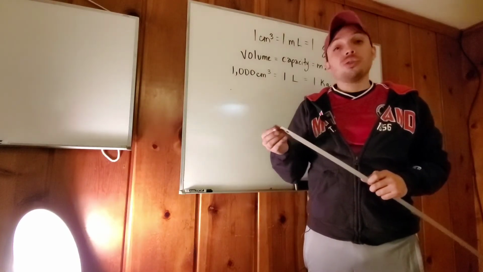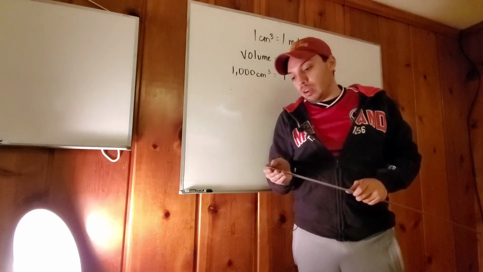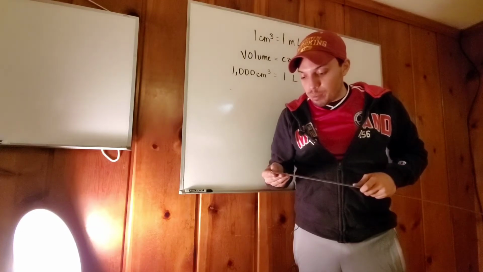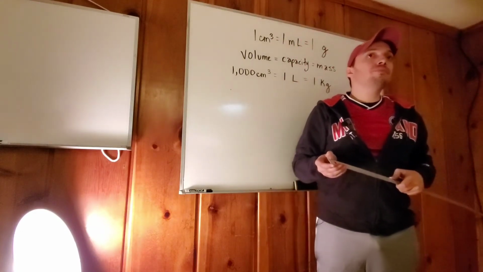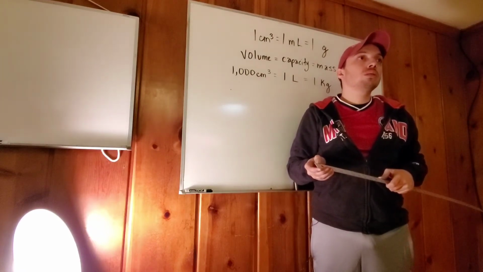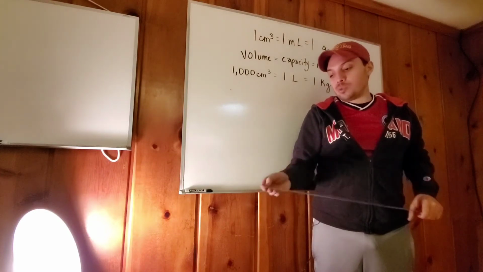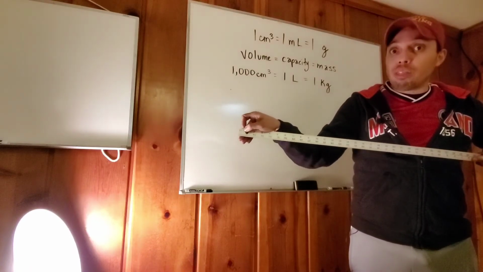Well, we know an inch is about 2.54 centimeters. So half of it is going to be about 1.29 centimeters. So half an inch is 1.29, which is more than a centimeter.